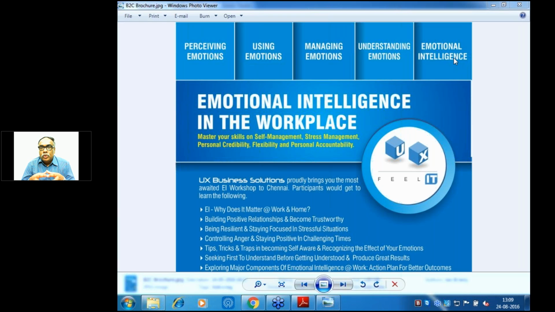So how do we use those emotions, and how do we manage our own emotions, and how do we understand in a group setup the emotions of different people, and how do we prepare ourselves to become better and better over a period of time. So emotional intelligence in a nutshell is choosing and speaking with the right emotions intelligently by verbal, vocal, and visual. This is the first part.